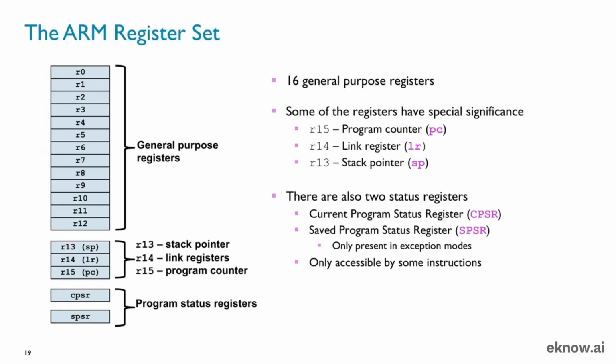At the heart of the ARM processor is its set of registers. Think of these as the CPU's immediate, super fast workspace. On this page, we see how they are organized. The processor has 16 general-purpose registers that are visible to the programmer at any given time, named R0 through R15.